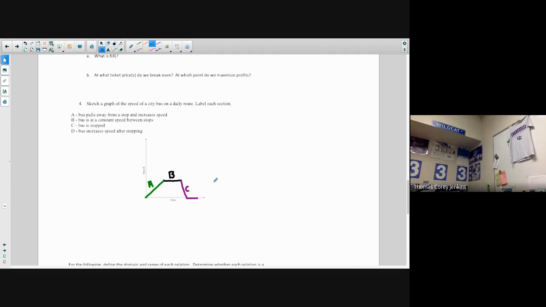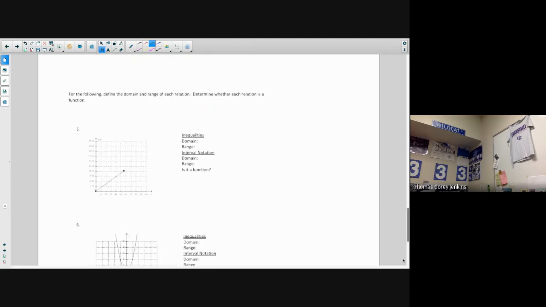I will make that look like A. What matters here is to pay attention to what your variables are, and in each interval, how would speed change as time increases? If I'm increasing in speed, I would have an increasing interval. If I'm at a constant speed, I would have a constant interval.